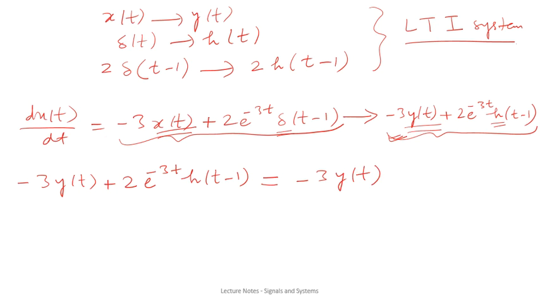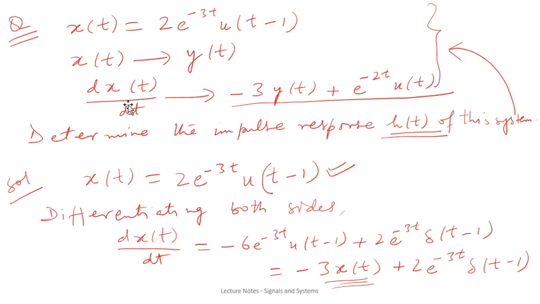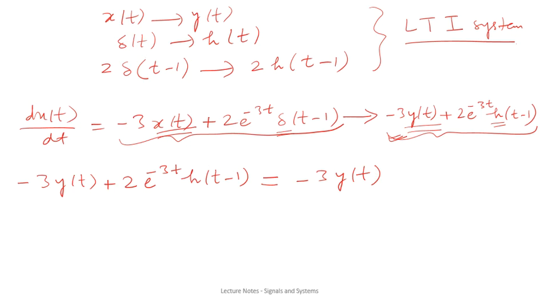I will go back to the previous slide. Here you can see that if this is the input dx(t)/dt, then the output is -3y(t) + e^(-2t) u(t). So this will be equated to e^(-2t) u(t). Okay.